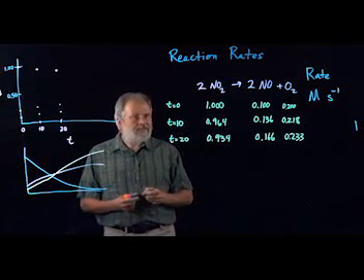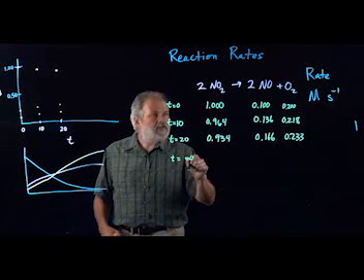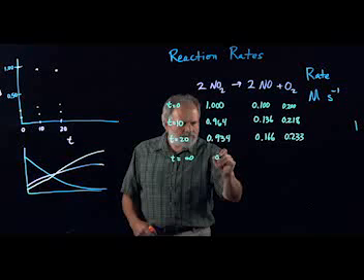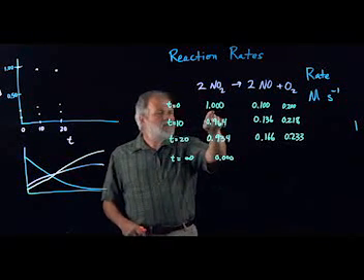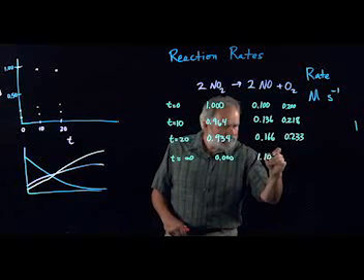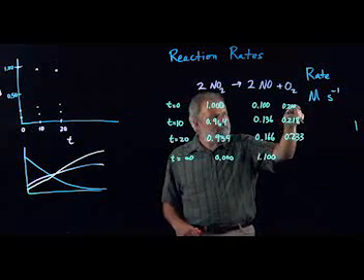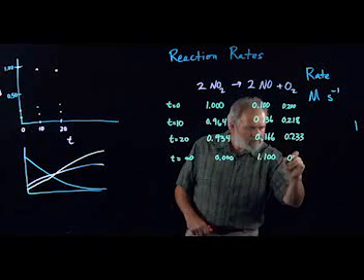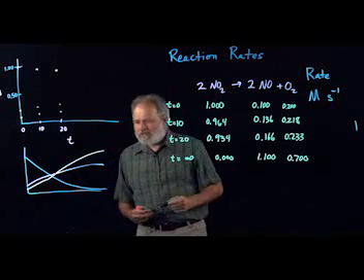And so we can actually figure out what it should be at infinity if the reaction goes to completion. NO2 should go down to 0. If this goes down by 1 molar, NO must go up by 1 molar, so that's 1.10 molar. And if NO2 goes down by 1 molar, oxygen must go up by 0.5 molar, so 0.700. All right, so that's kind of what I tried to draw here.